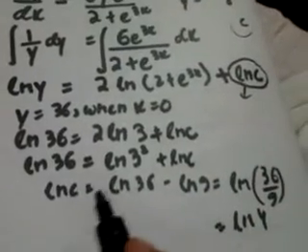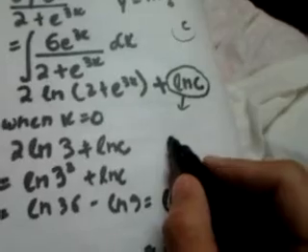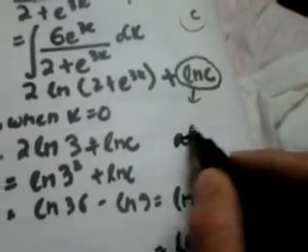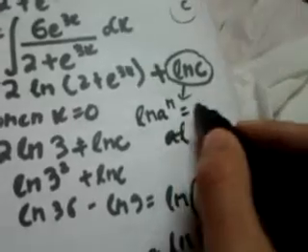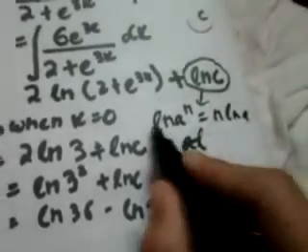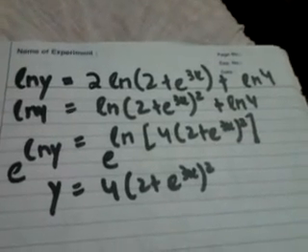And there's a constant here, just put in the values and use logarithmic rules. 2 ln 3 is ln 3 squared; ln a to the power n is n ln a. ln a minus ln b is ln(a/b), and ln a plus ln b is ln ab. So that's it. I hope that helped. Thank you.